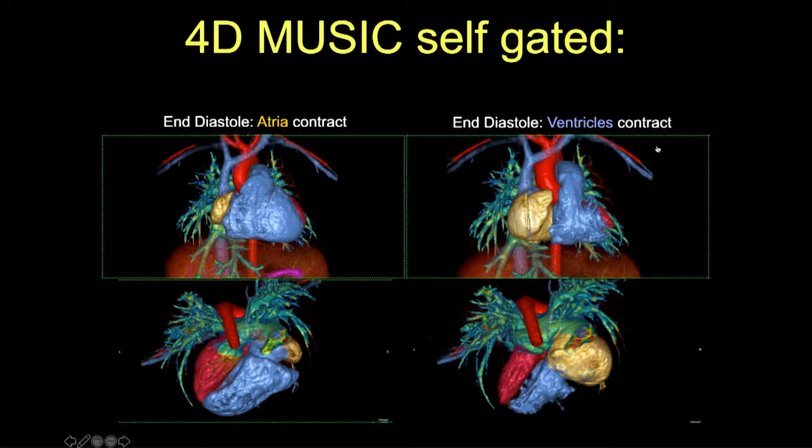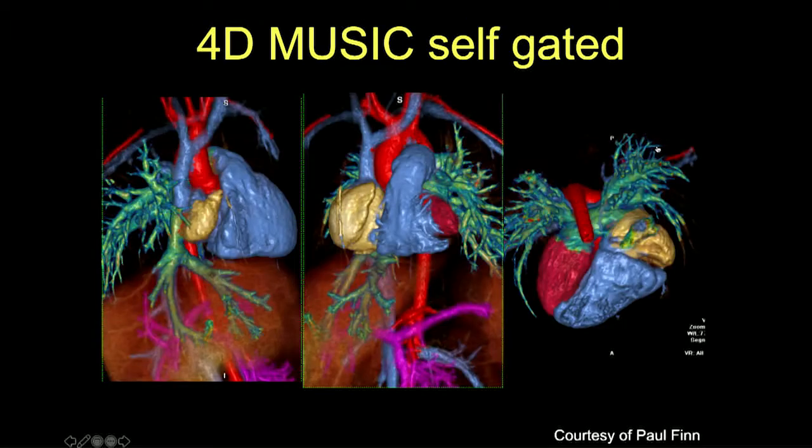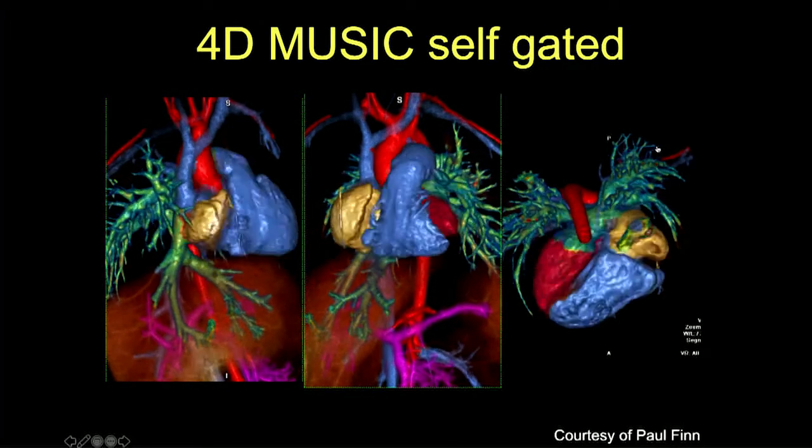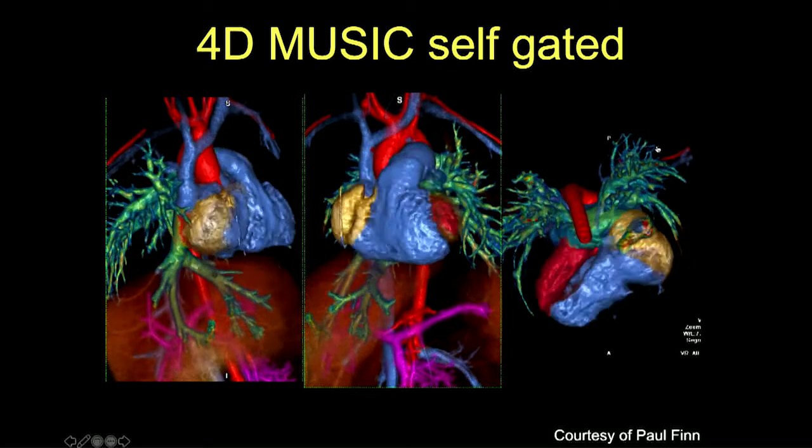He can get, for example, end diastolic images where you see the atria are contracted and the ventricles are dilated, or that should be end systole, where the ventricles are contracted and the atria are dilated.